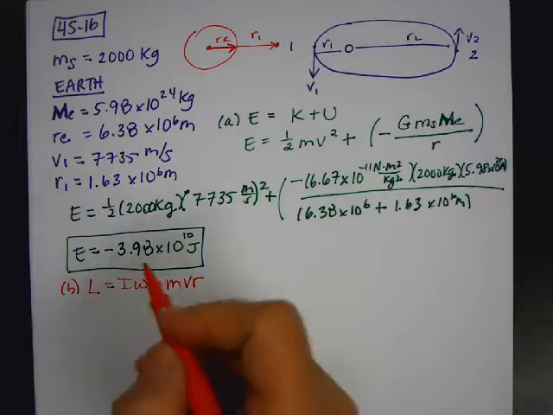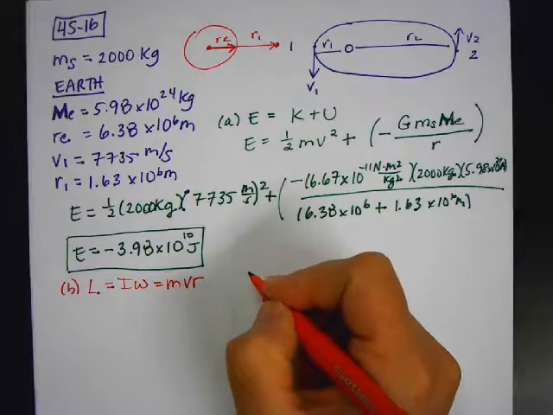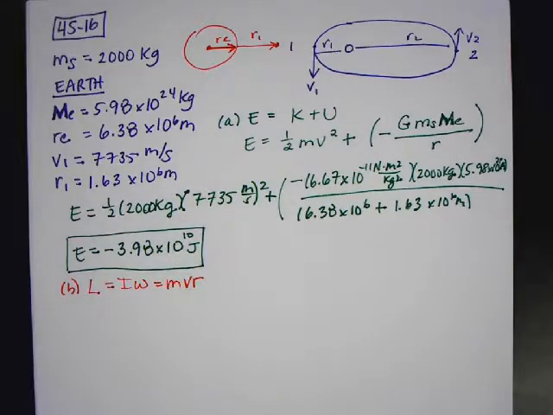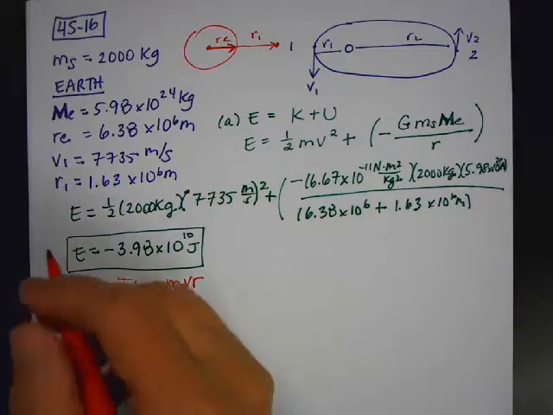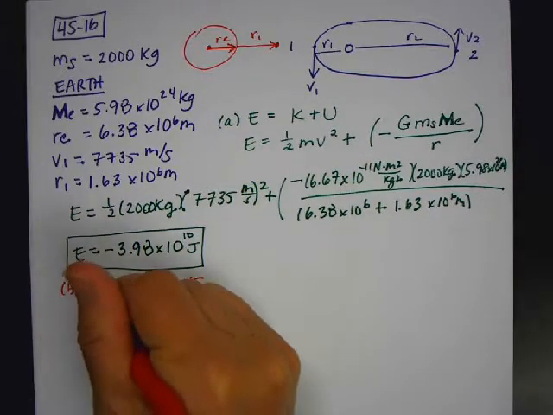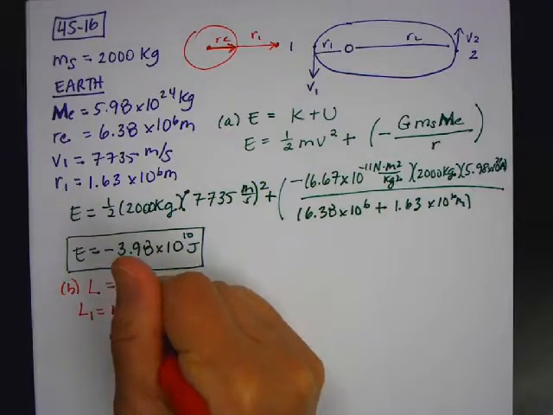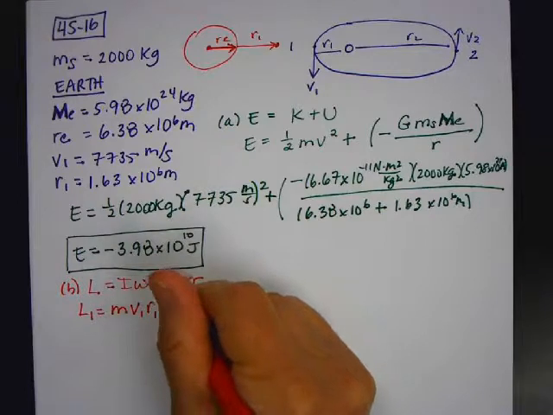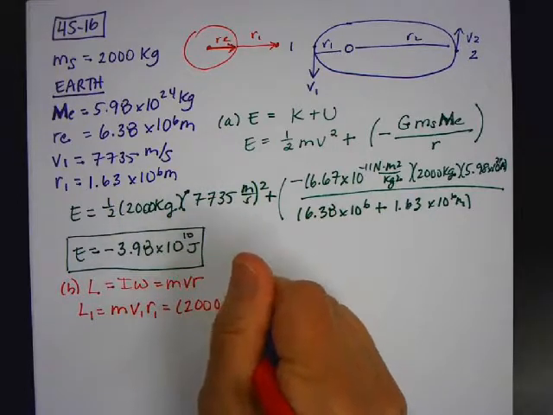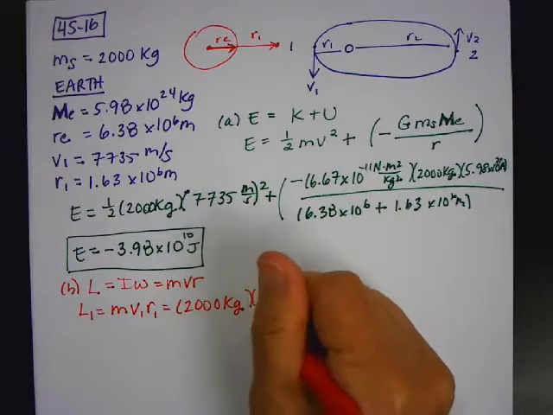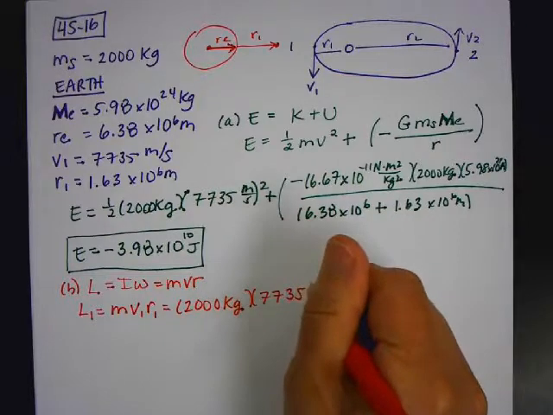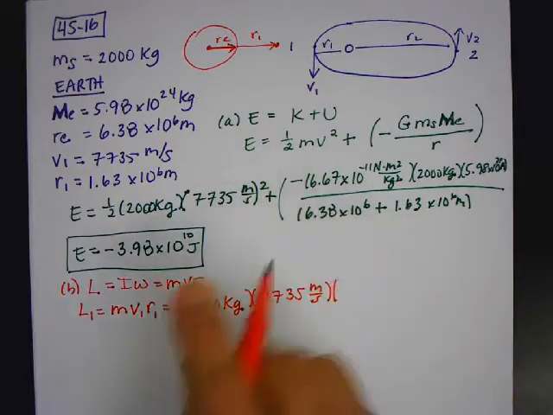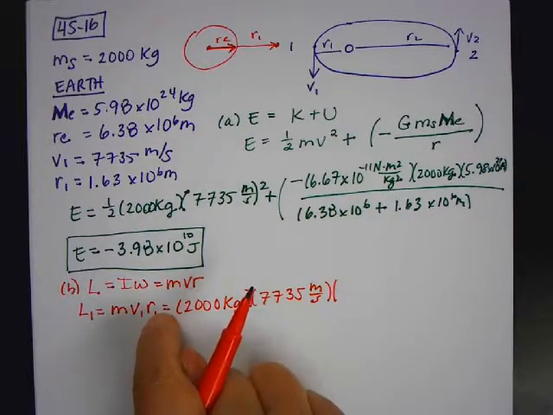Now, if you look at this, it said determine the angular momentum at point 1. So L1 is equal to mv1r1. So that's going to be equal to 2,000 kilograms times 7735 meters per second times, again, this distance, it's really not R1.